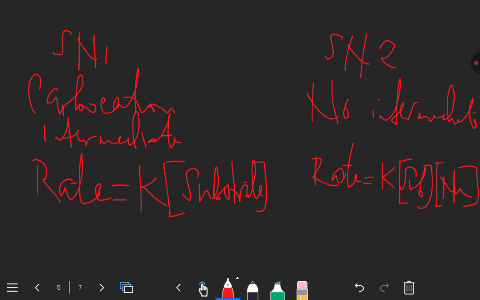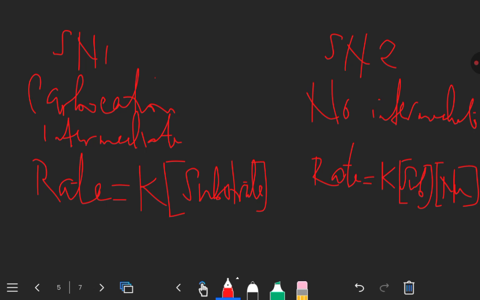Then the other difference we must be able to spot is molecularity. As I mentioned earlier, the SN1 reaction is unimolecular. What I mean by unimolecular is that in the SN1 reaction, it is a slow step which involves one molecule.